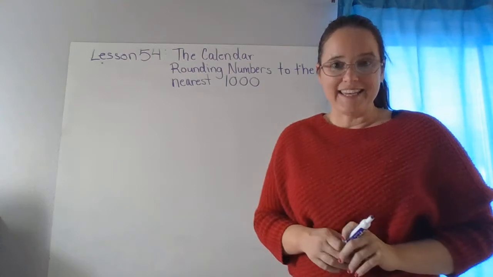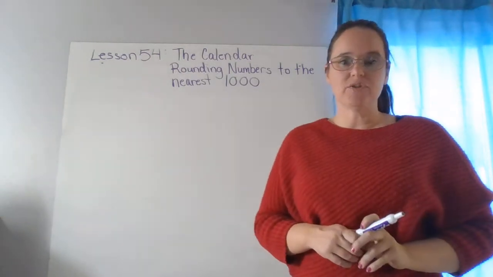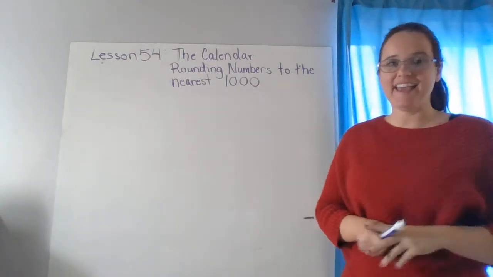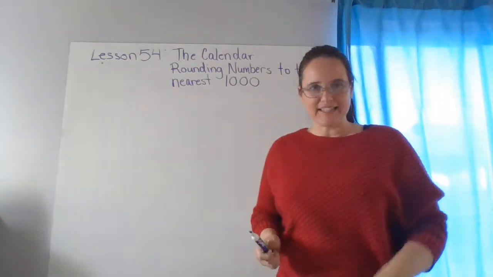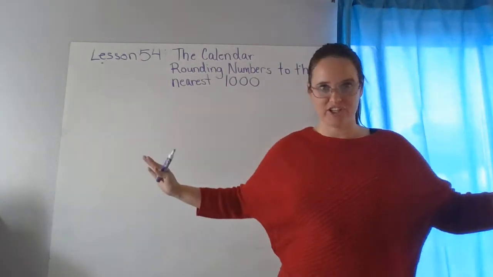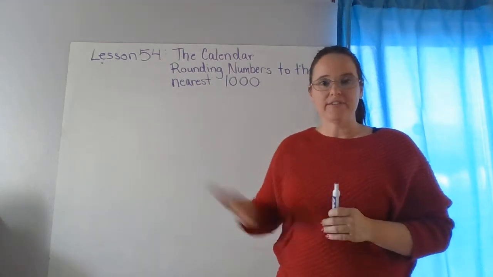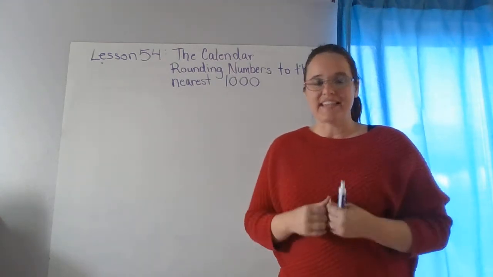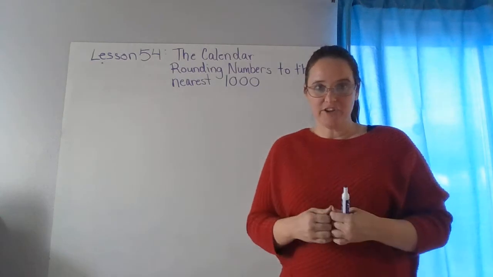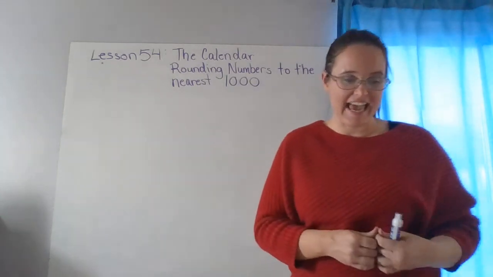All right, now we're going to move on to rounding to the nearest thousand. And again, this is kind of a simple lesson because nothing changes except the place value that you're looking at. We round to the nearest thousand the exact same way we round to the nearest 100 and round to the nearest 10.